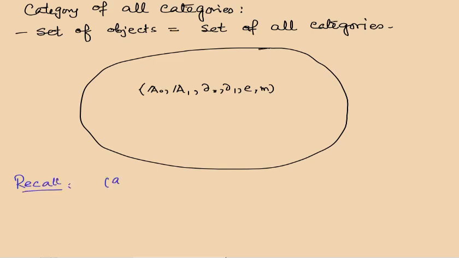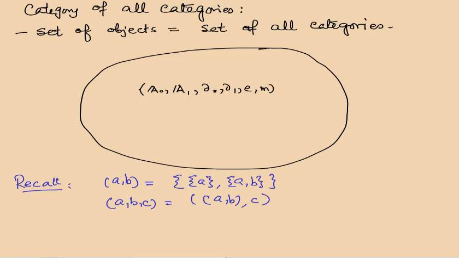What is a pair? Well, this is this set. What is the triplet? Well, this is AB and then a C, and so on. That was the set theory. Now we are coming to set theory.